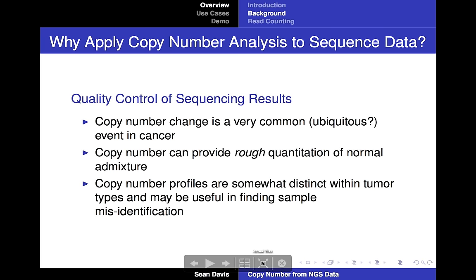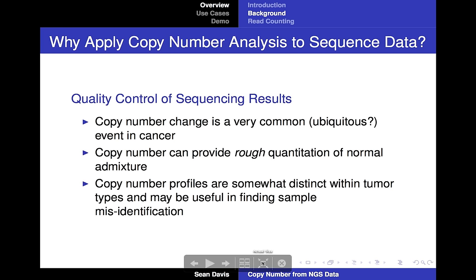Copy number estimates can also provide a rough quantitation of normal admixture. And rough is a changing target, but the idea here is pretty simple. When we're looking for single nucleotide variants or small insertions or deletions in the tumor, particularly when samples are taken out of the human body as chunks of tumor, those tumor cells are mixed in with normal cells as well.